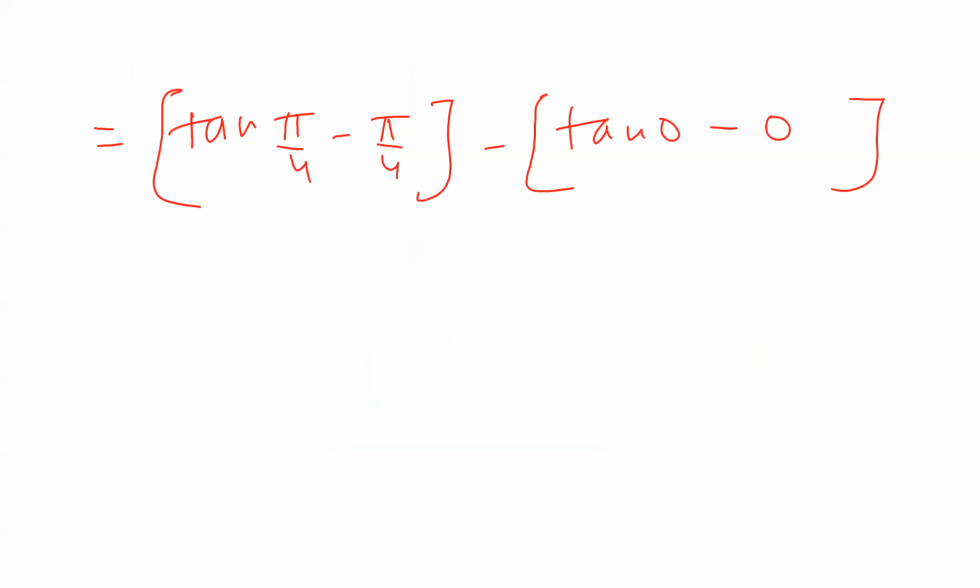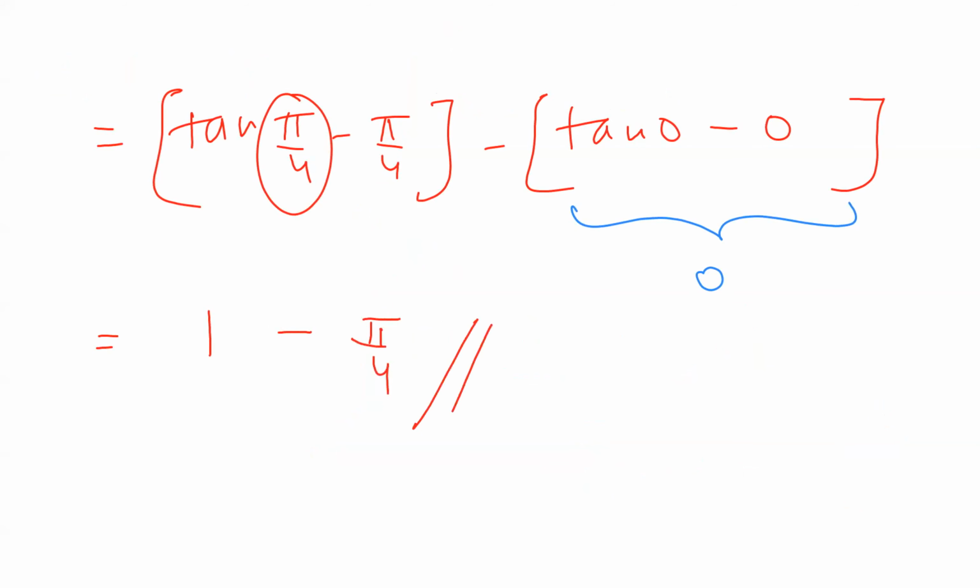The value of the second bracket is 0. Tan 45 is 1, so 1 minus pi by 4. This is your final answer.